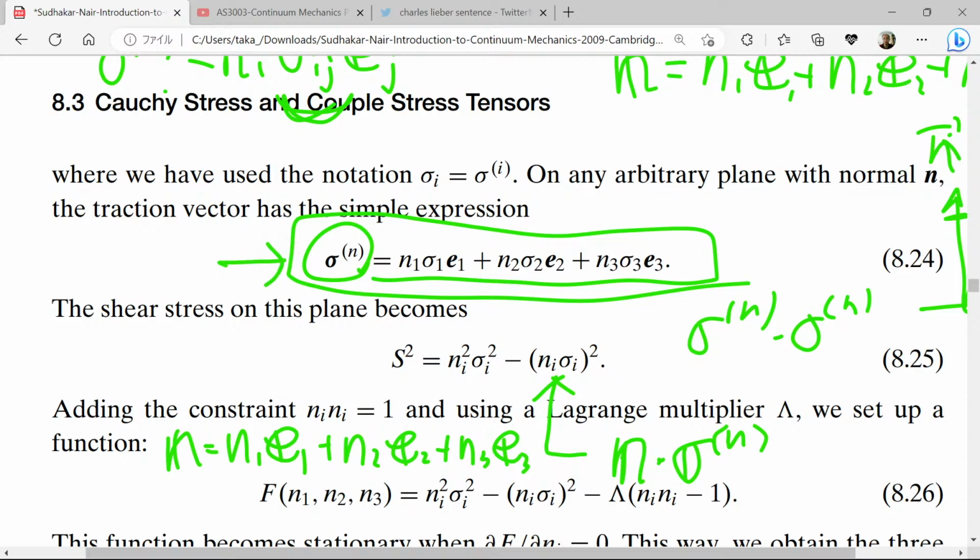So my question is, n dotted with sigma n, shouldn't it be ni square sigma I?